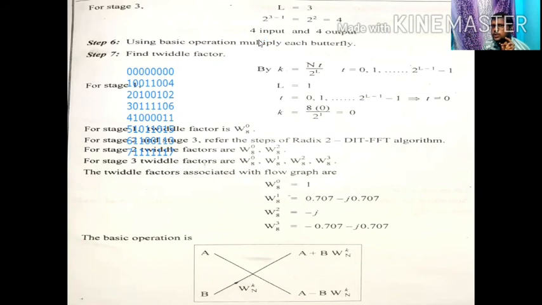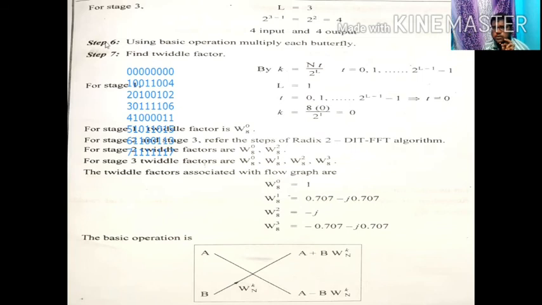So the third stage has 4 inputs and 4 outputs. This is how we find the number of inputs and outputs for each stage. The first stage has one input and one output, the second has 2 inputs and 2 outputs, and the third has 4 inputs and 4 outputs.